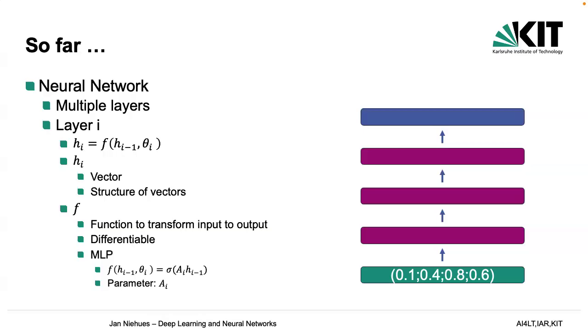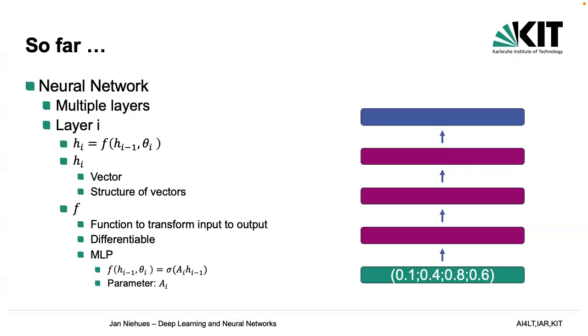What we then have as our h_i is either a vector, or structures of vectors. Typically what we have mainly seen were sequences of vectors. You can also have 2D structures, as we had at the beginning for images, or if you think about graph neural networks, it's more complex, a graph structure.